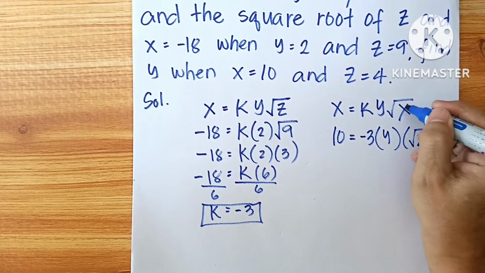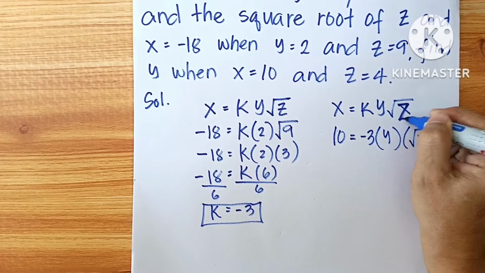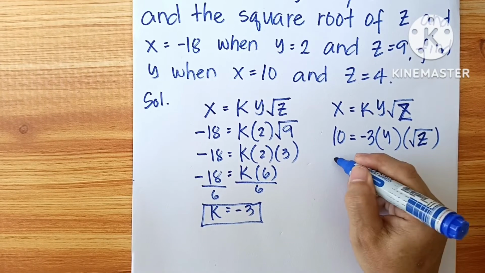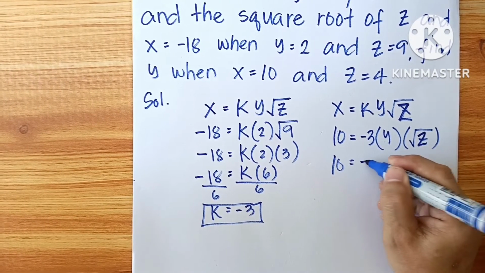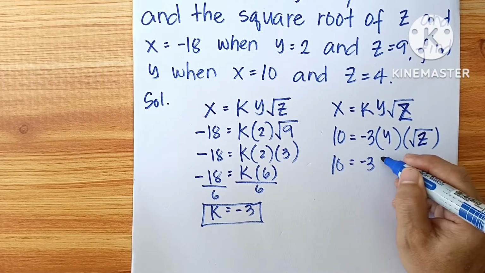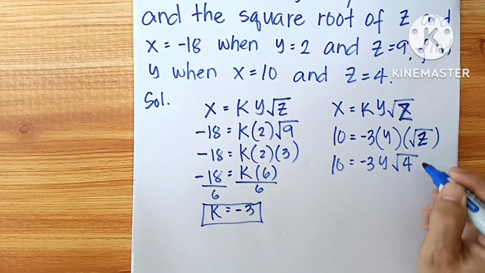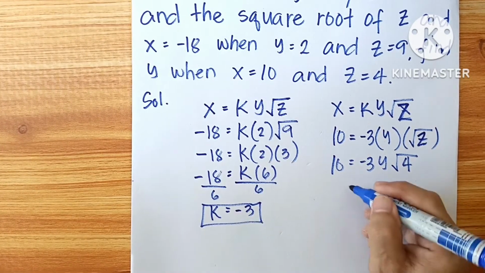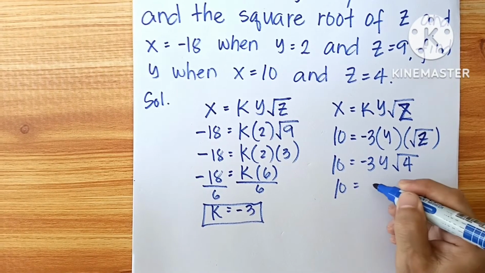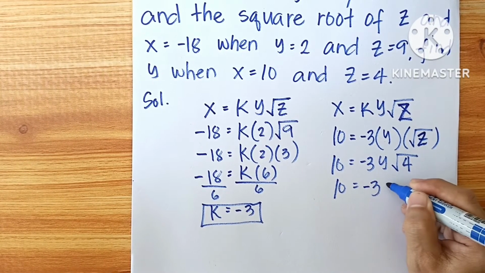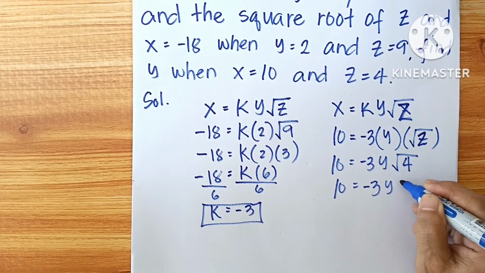Okay? Oops, sorry. This is z, no? Okay, sorry about that. Okay, so we have 10 is equal to negative 3 y square root of 4. Okay, so sinubstitute lang natin, no? So we have 10 is equal to negative 3 y times square root of 4 is 2.